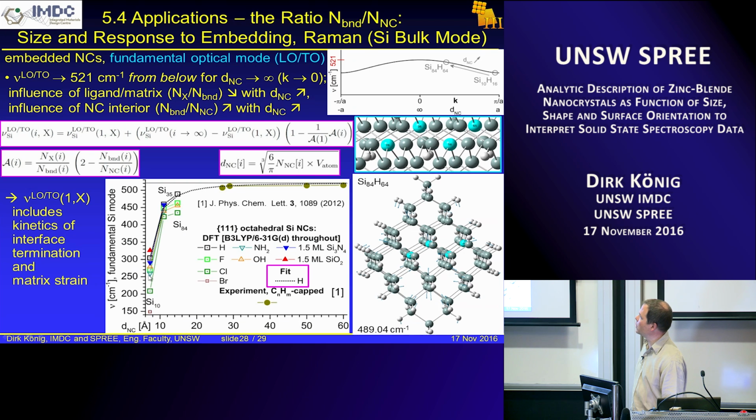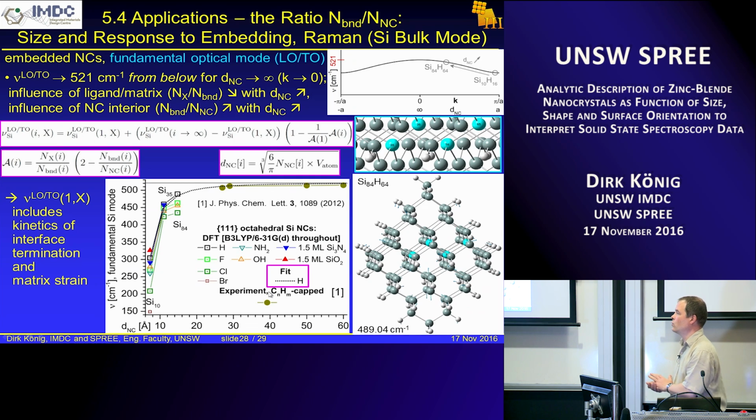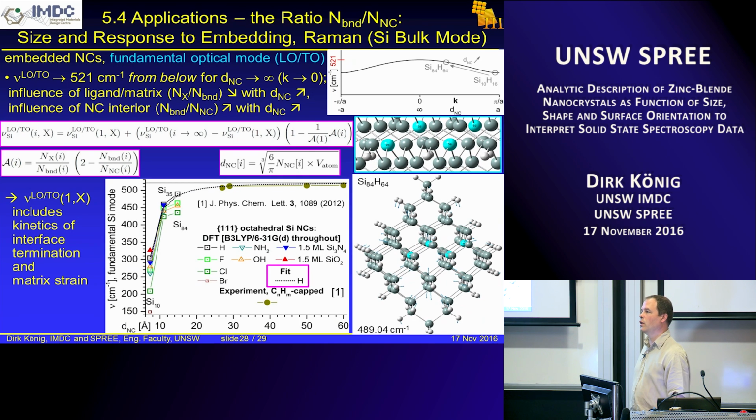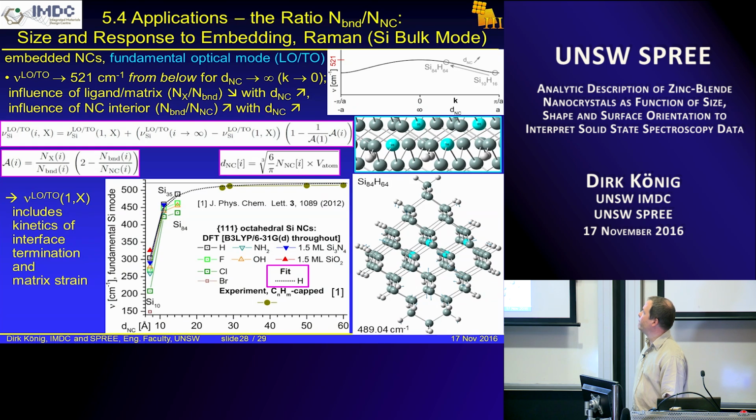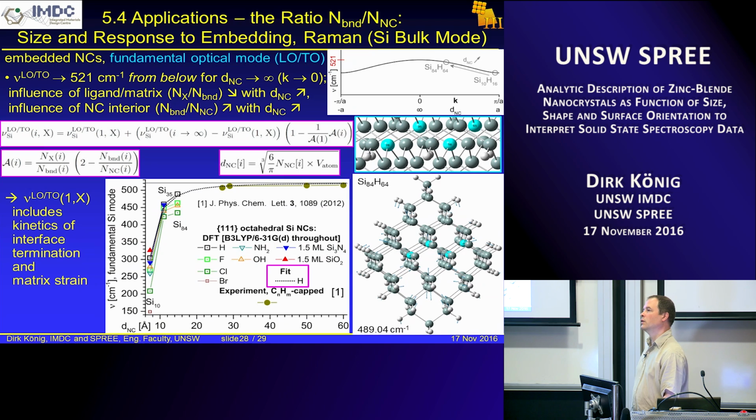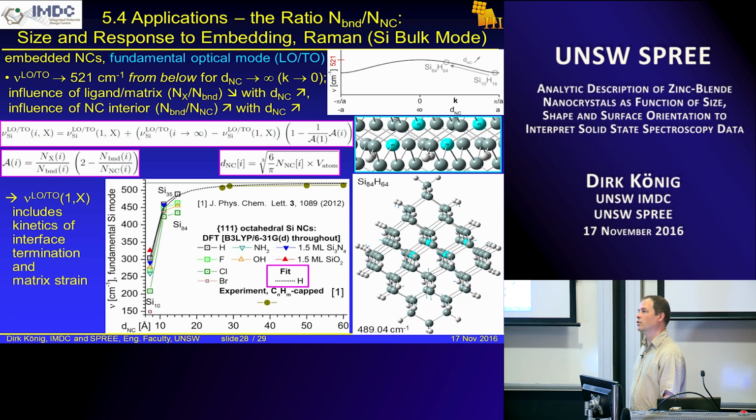So that's the silicon 10 nanocrystals, silicon 35, silicon 84. And these are experimental values which are alkyl capped. And this is not exactly hydrogen because you couldn't redo that in experiment unless you keep it under UHV all the time. But the interface conditions are kind of similar because the bond is fairly covalent. The electron affinity is similar between carbon and hydrogen, and the difference in electronegativity is also about the same.